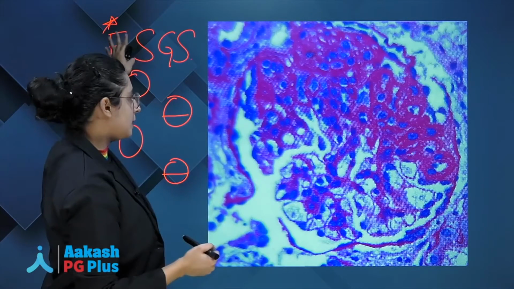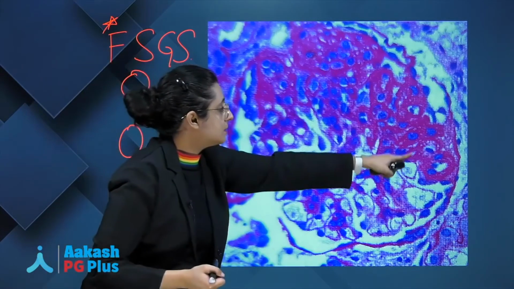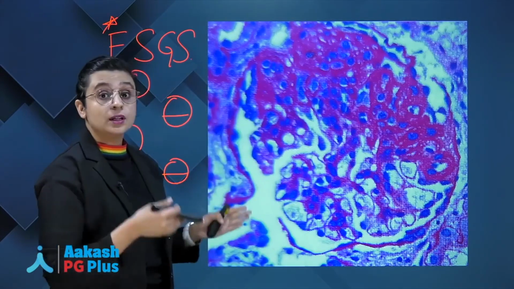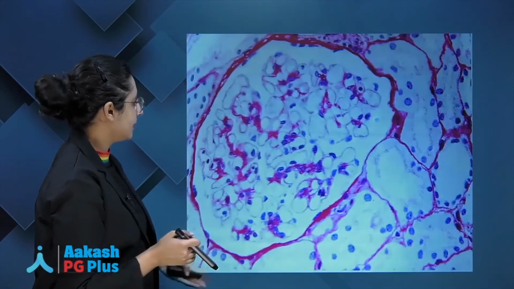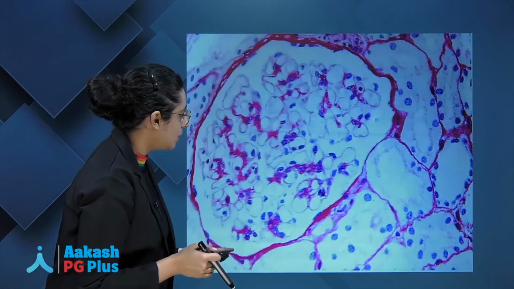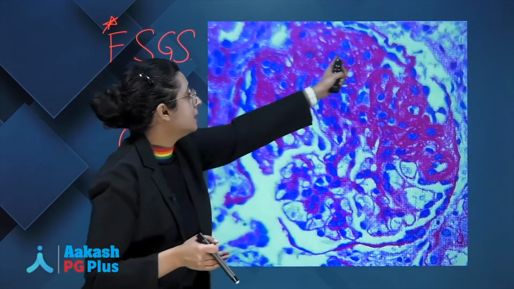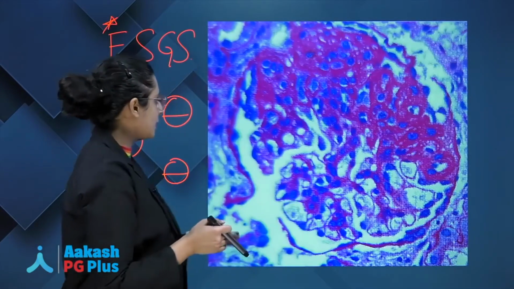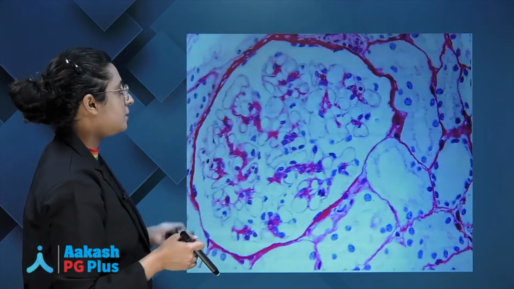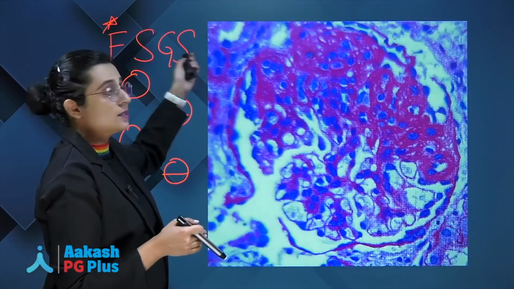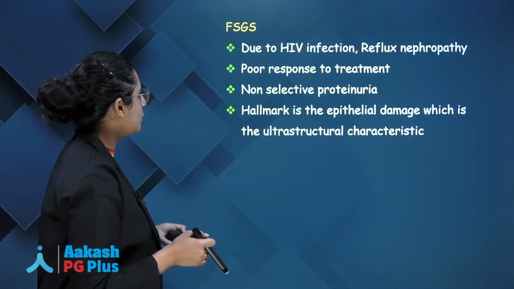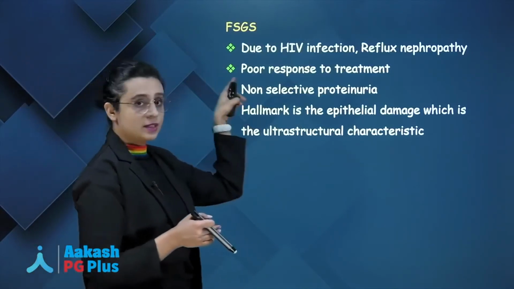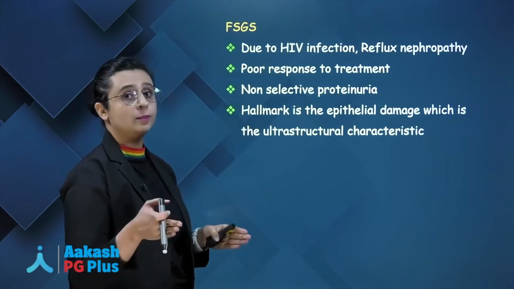So focal segmental glomerulosclerosis, sclerosis is confined to a segment and only few of the glomeruli. Okay, so I hope this image is also clear. So we can compare it to the normal glomerulus and I can see these sclerotic segments. Okay, so we can compare the two and you can identify that condition as FSGS. Okay, next. So only few important points just to brush up your knowledge. Yes, two important differences which can help you differentiate from minimal change disease.